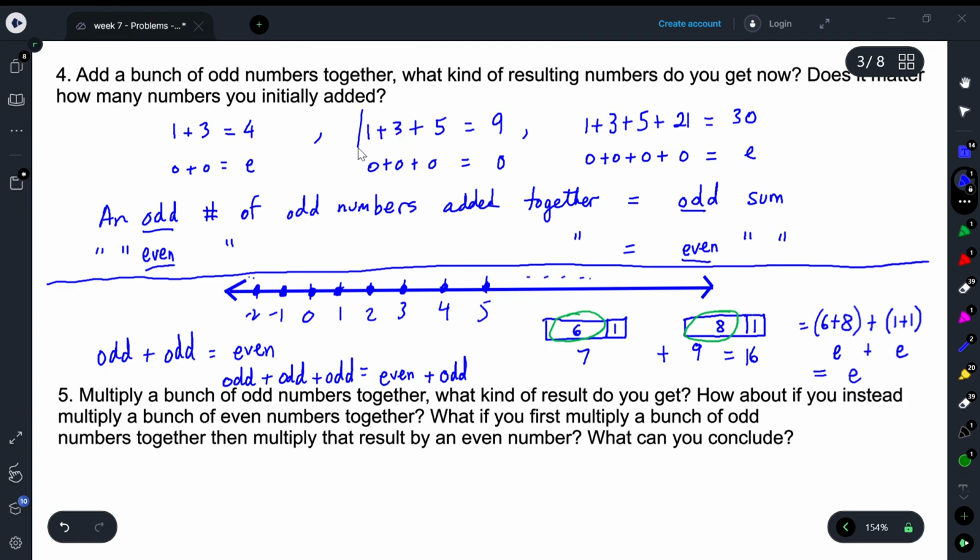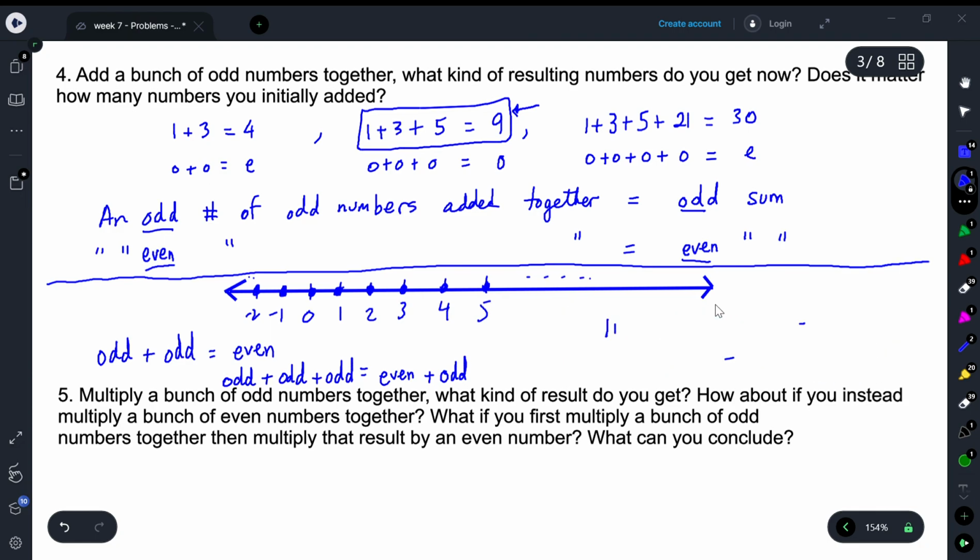From our examples, we expect that we're going to get an odd sum, right, when we add three odd numbers together. Let's visually see that that's correct. So now we have an even sum, and we're adding it to an odd number. So let's make up a visual example of this. So perhaps we have the number 8.